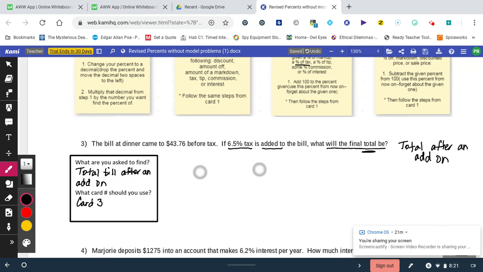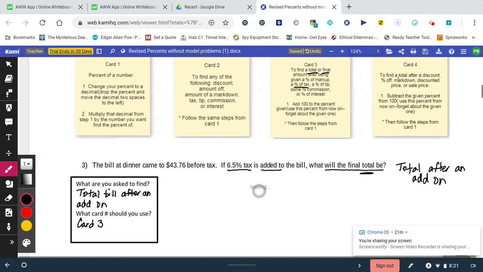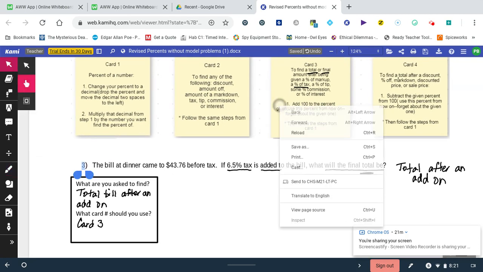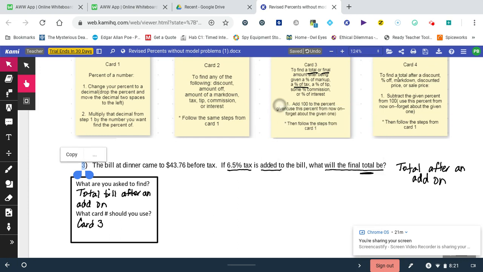We're going to follow the steps from card 3. From card 3, it says add 100 to the percent given. Now, after you add 100 to the percent given, you'll use that percent from now on and forget about the given percent. The given percent is 6.5%.